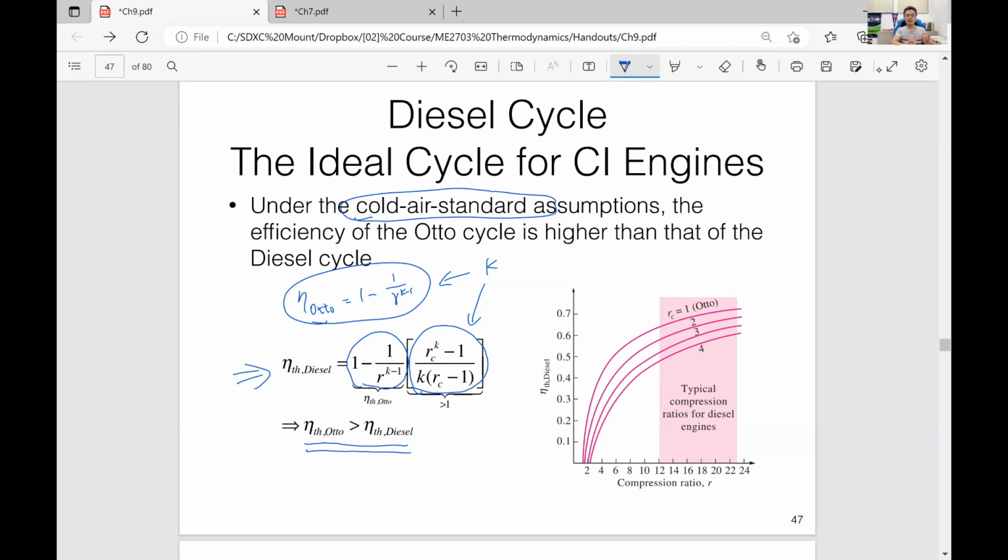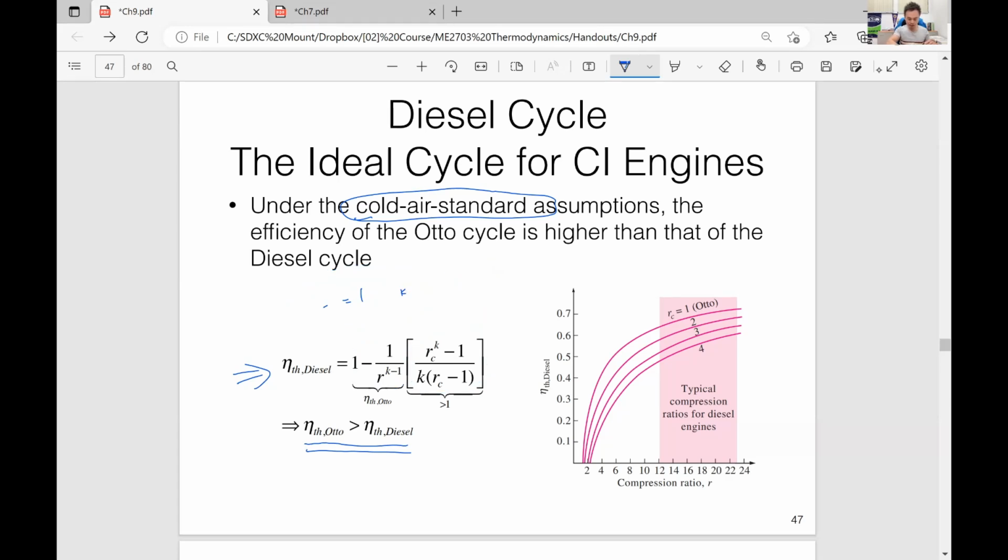So saying that under the same compression ratio the Otto cycle's efficiency is larger than the diesel cycle's is a little bit unfair to the diesel cycle, because the minimum compression ratio of a diesel cycle is essentially larger than the maximum compression ratio of an Otto cycle.